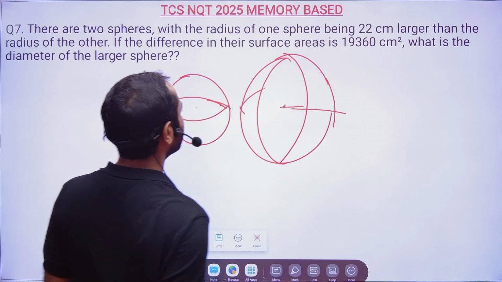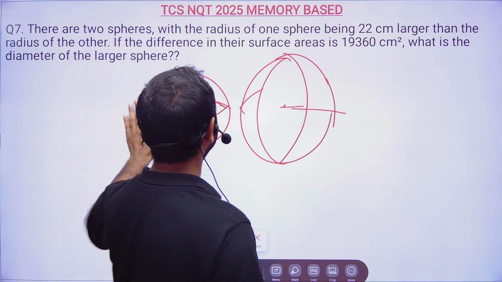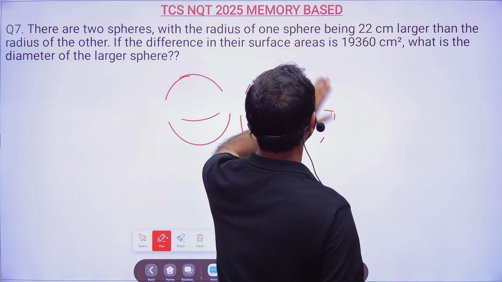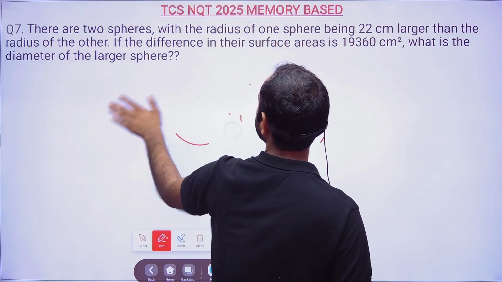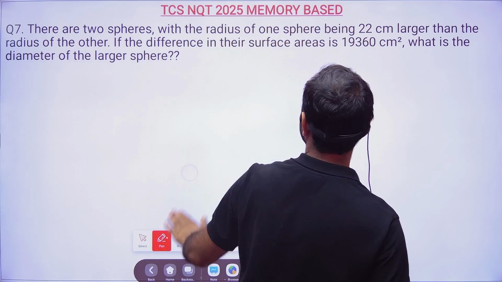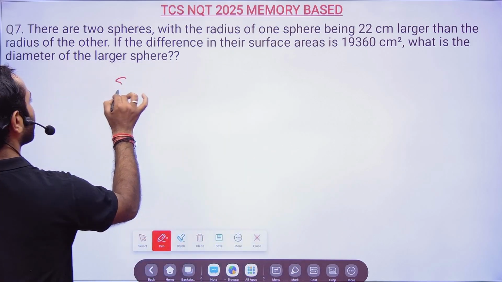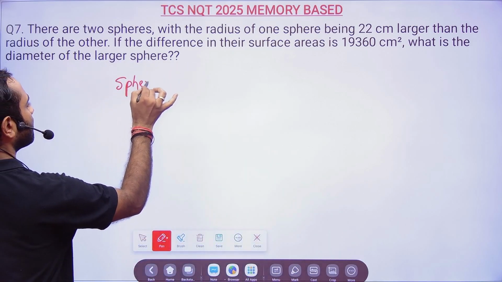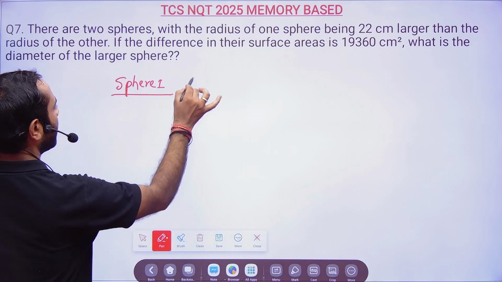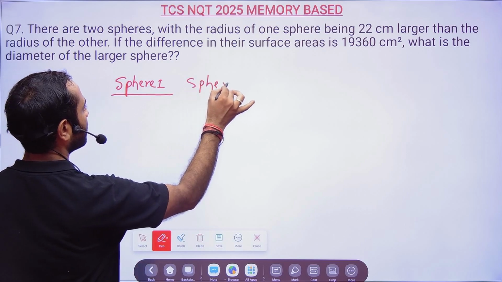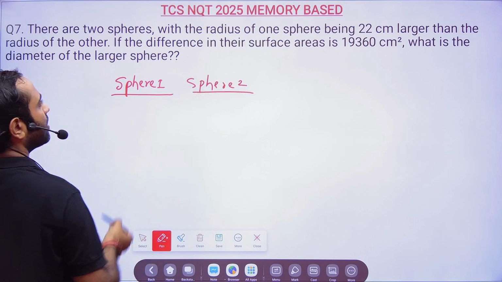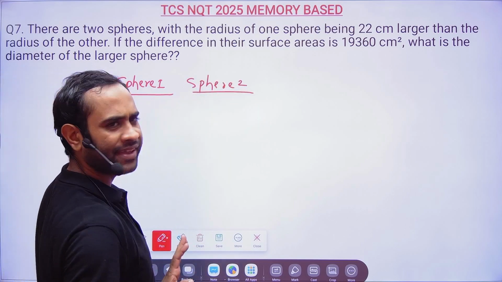So the radius of one sphere is 22 centimeter larger than the radius of the other. Now here I will write sphere 1 and here sphere 2. Friends, I will assume sphere 2 is bigger.